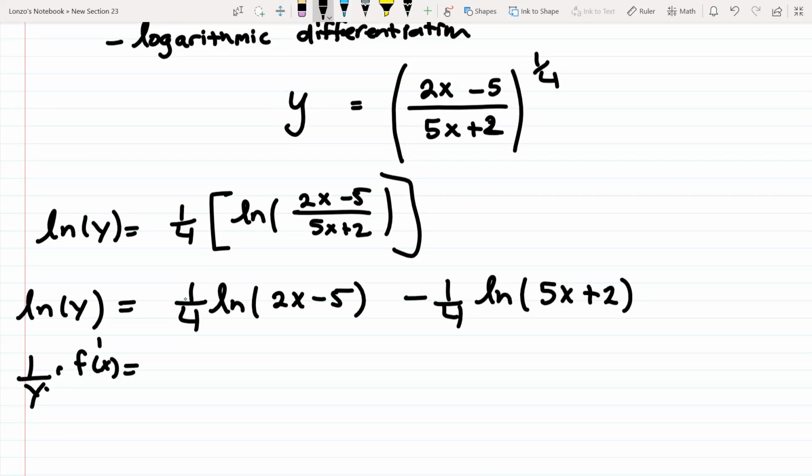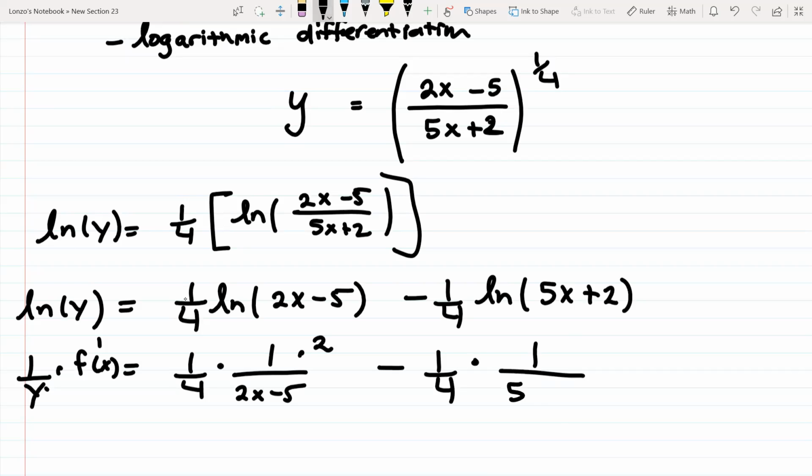So over here, this is going to be 1/4 times the derivative of ln of 2x minus 5, which is 1 over 2x minus 5 times the derivative of 2x minus 5, which is 2. And over here, this is going to be 1/4 times 1 over 5x plus 2 times the derivative of 5x plus 2, which is going to be 5, right?